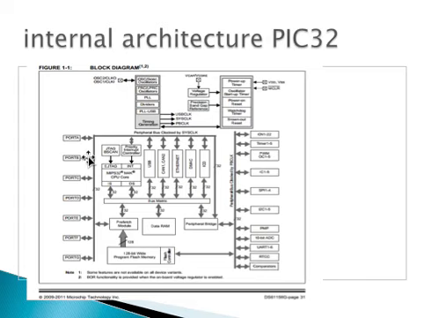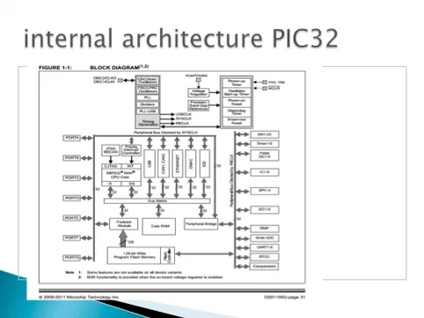Digital is binary, which could be 1 or 0 and so on. So this is the internal architecture of a PIC processor. You can look at more details and get the information from the manufacturers, have a look at the data sheet, and it gives you all the information you need.